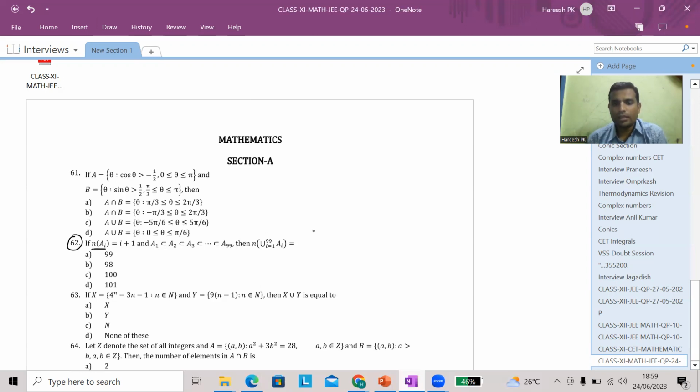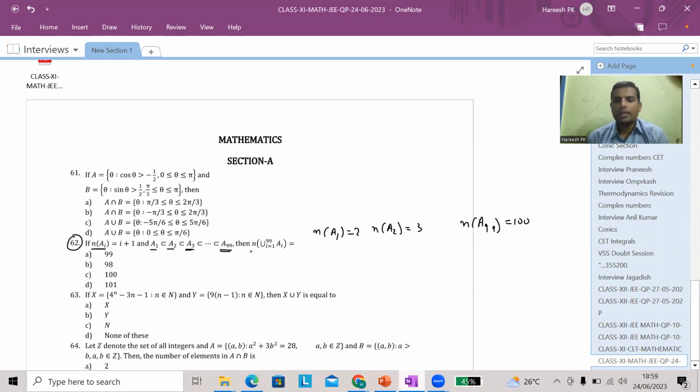That means A1 will have 2 elements, A2 will have 3 elements, and they are saying A1 is a subset of A2 and A2 is a subset of A3, like that. So the biggest set is A99, and A99 will have 100 elements.